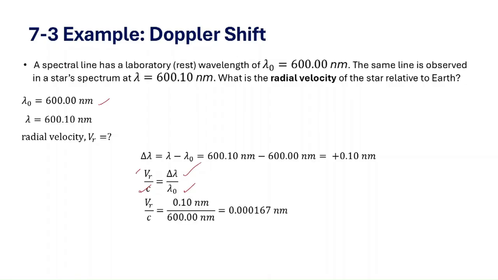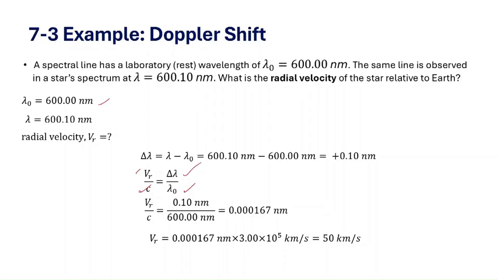If you plug in all the numerical values, delta lambda is 0.1 nanometer, lambda naught is 600 nanometer, and c is 3 times 10 to the power 5 kilometers per second. If you do the calculation, you get radial velocity VR is about 50 kilometers per second. So this is the speed at which the star is moving away from us along the line of sight.